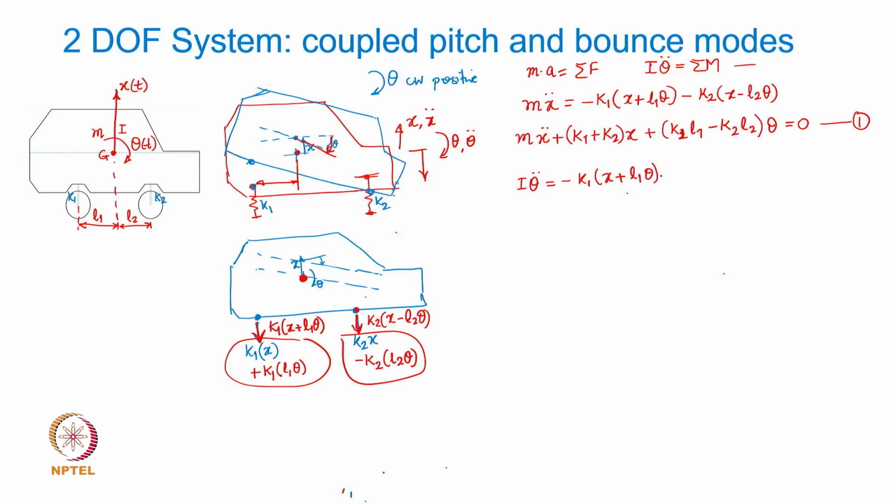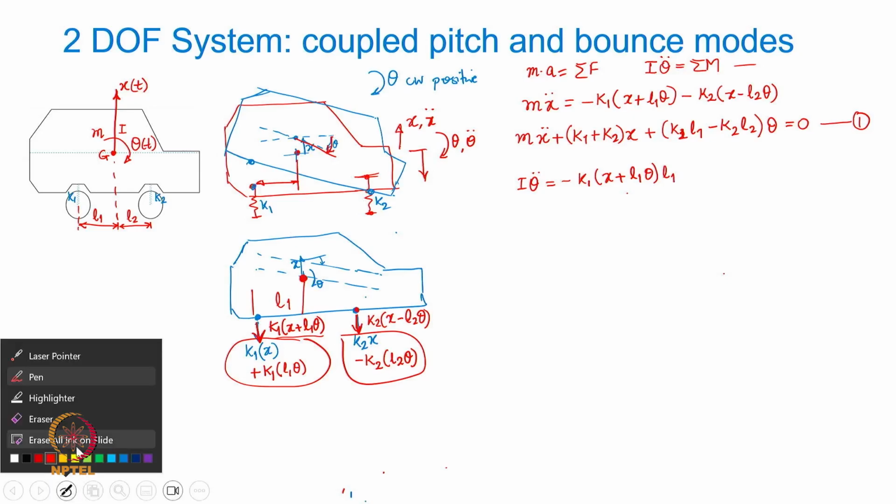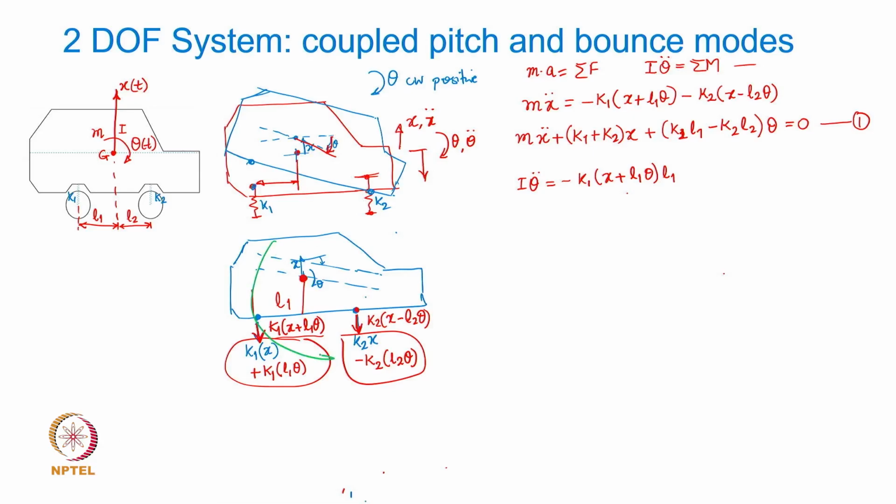This is the force which is acting at what distance? How much is the distance here? It is L1, right? So multiplied by L1, that basically is the moment. So this is the moment of this force about the CG, for which theta double dot is acting in this direction.